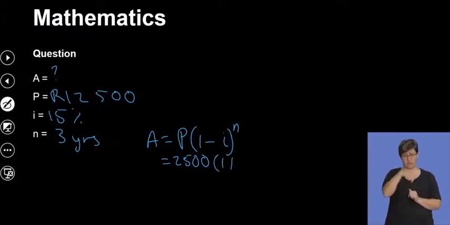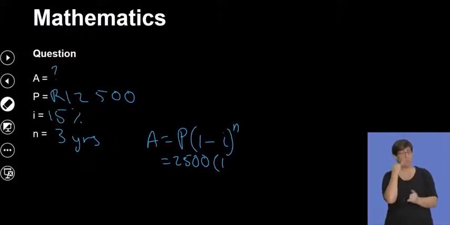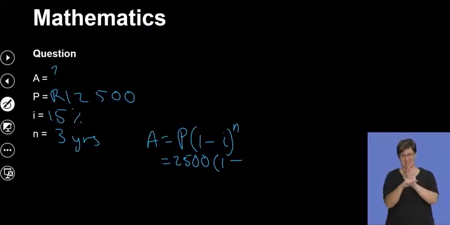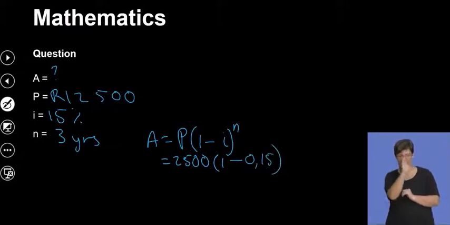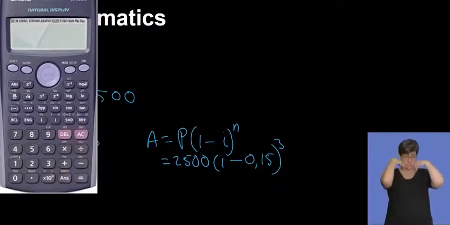Times 1 minus, not plus. See, one of the common mistakes that we normally make is as soon as you see compound something, you already think compound interest. And this is going to be 0.15 to the exponent of 3. Then, guys, you really do not need to try and crack your brain here. You have a calculator for a reason.